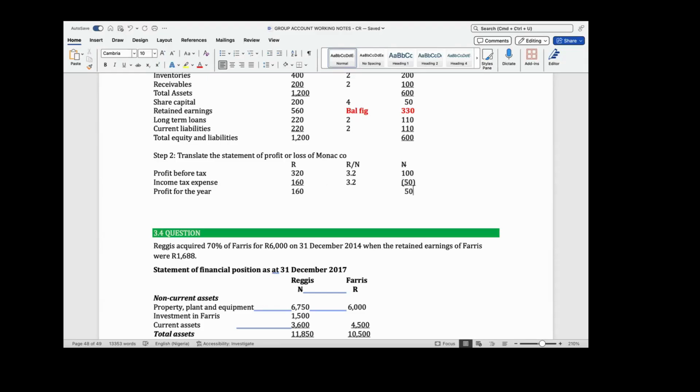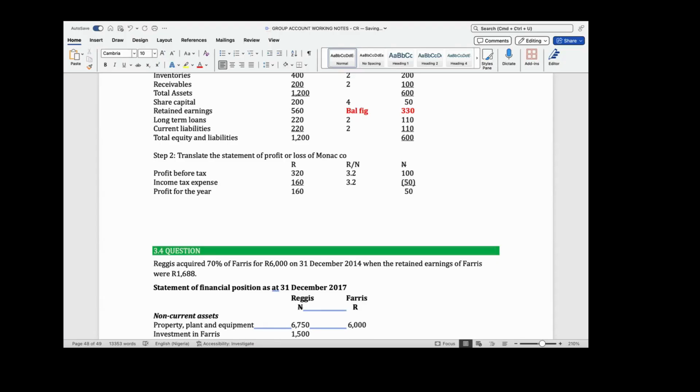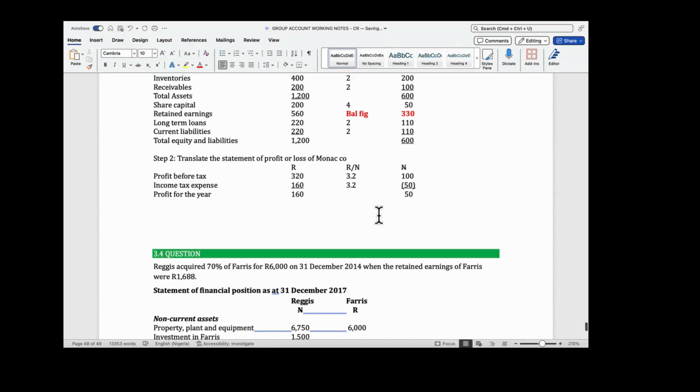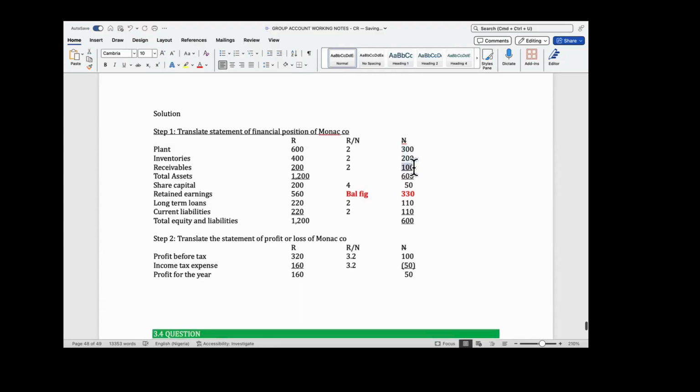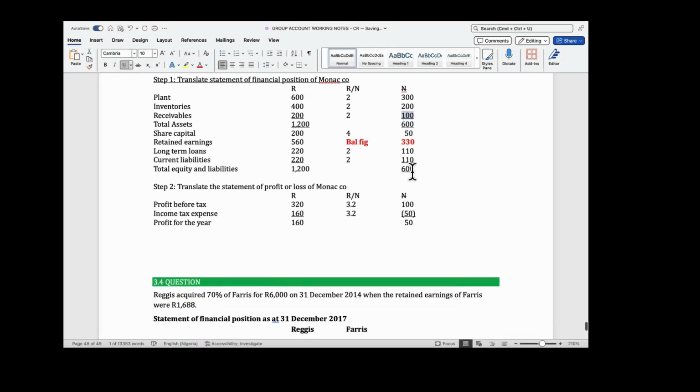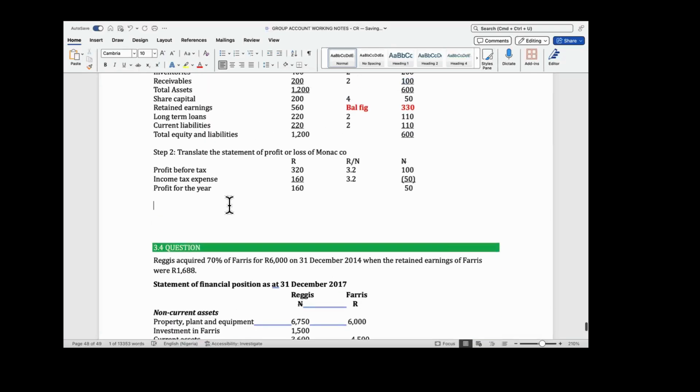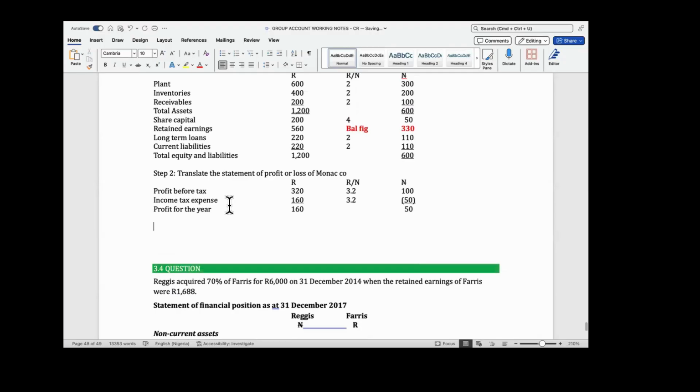Now that we have translated, I think we can confidently go ahead to prepare consolidated accounts because we now have the account of the foreign subsidiary in Naira. So what we need to do first, when we want to consolidate, is to determine goodwill.